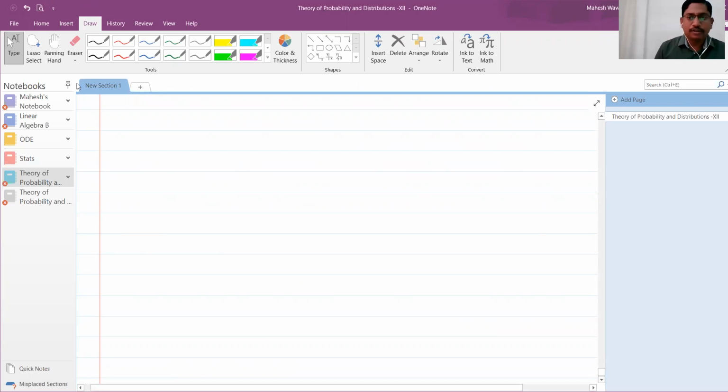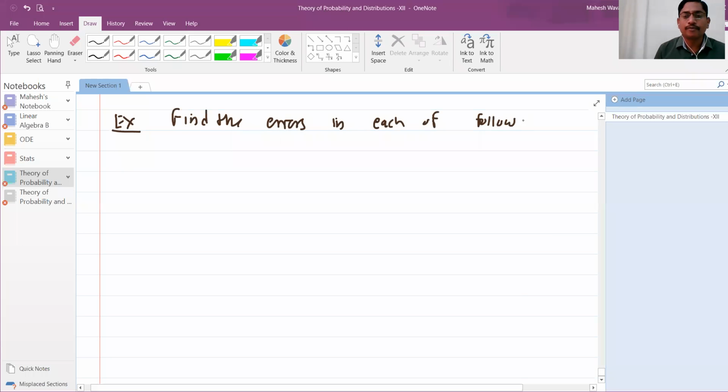Okay, let us have some exercise examples. Find the errors in each of the following statements.